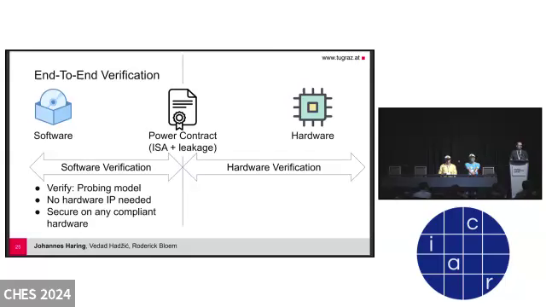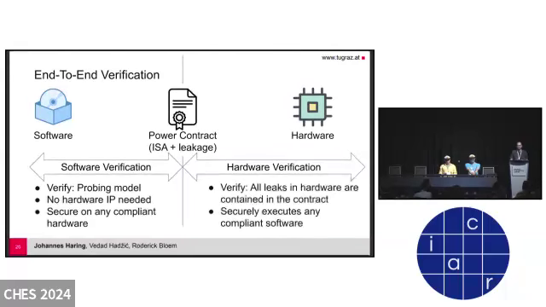The hardware developer might not be able to give us that. We are not able to obtain it, but we don't need it to verify the security of our system. And once the software is verified, it is compliant, it is secure on any compliant hardware.